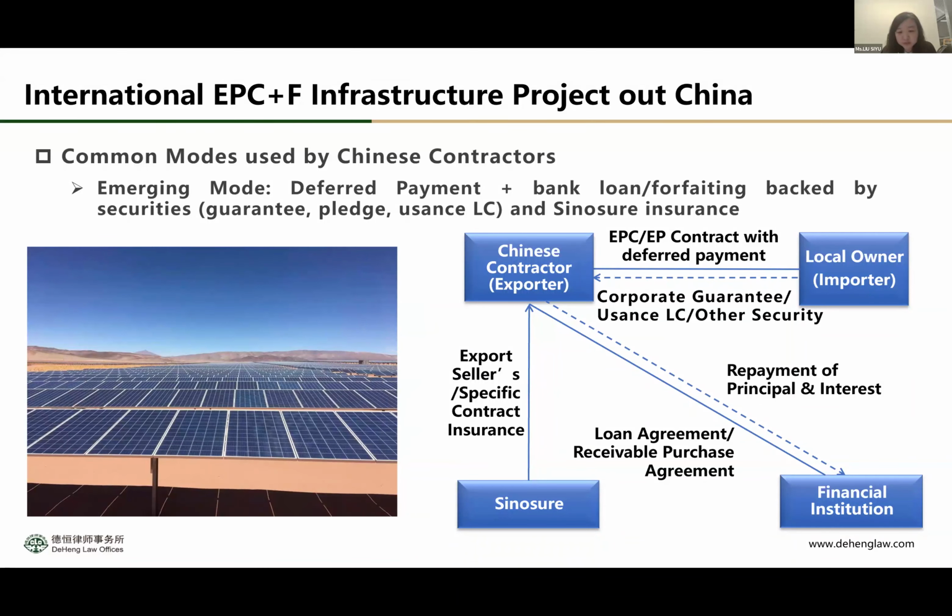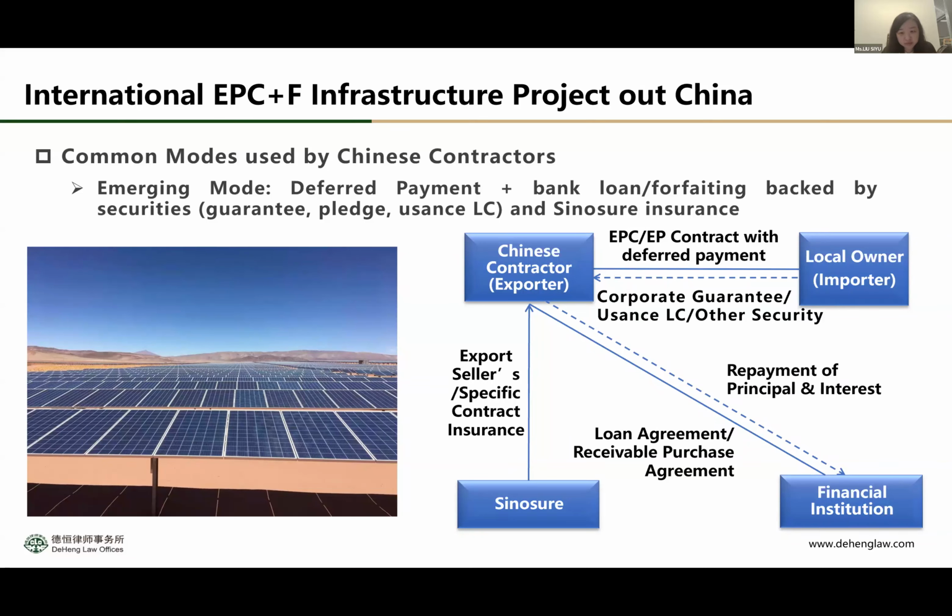In those projects, the Chinese contractor actually serves as a real financing party, meaning they have a deferred payment contract with the local owner. The local owner will provide securities to the Chinese contractor to secure the deferred payment.